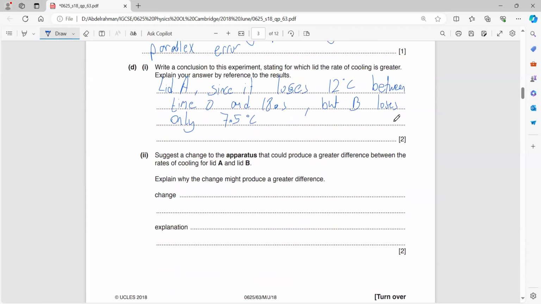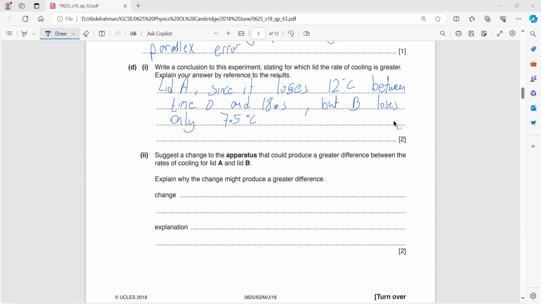Suggest a change to the apparatus that could produce a greater difference between the rates of cooling for A and B. What is a change that could produce a greater rate of cooling? Greater rate of cooling. To the apparatus.